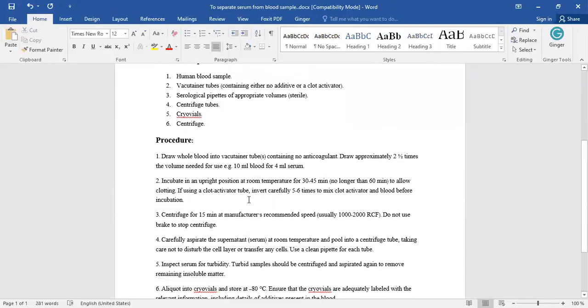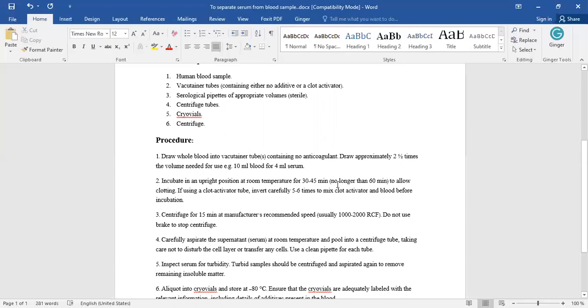The procedure is that first we take the blood sample and draw the blood into a vacuum tube which has no anticoagulant, and allow the blood to stay for about 30 to 45 minutes.